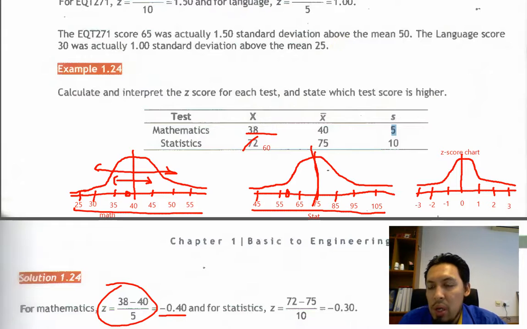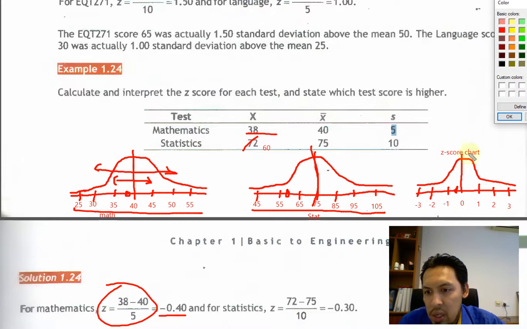So just now we have the score of mathematics 38, negative 0.4. If we try to plot it here, this is 0.5, and negative 0.4 is around here. Sorry, this is where negative 0.4 should be. Let me try a different color. Negative 0.4, this is where it should be.